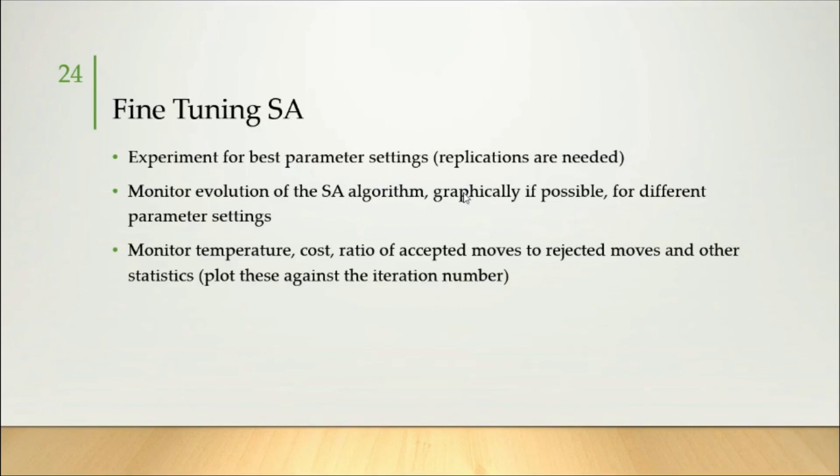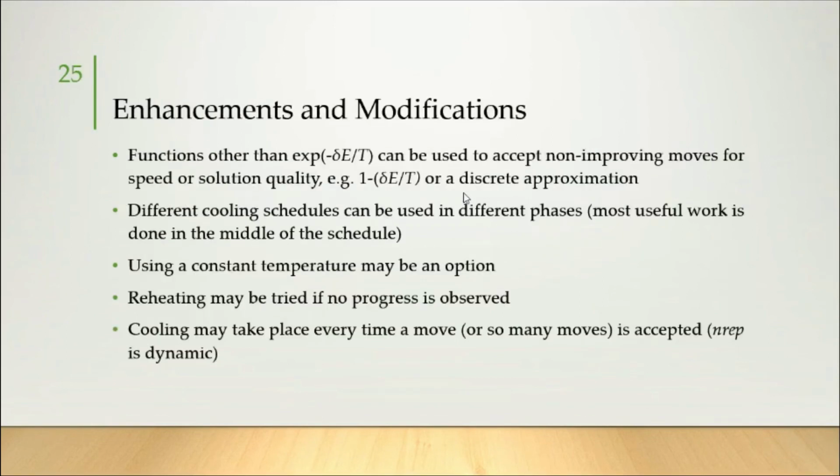But graphical monitoring is not always possible. But if possible, do it. Then monitor temperature, cost, ratio of accepted moves to rejected moves, and other statistics. These things you also have to monitor while doing these parameter setting experiments.